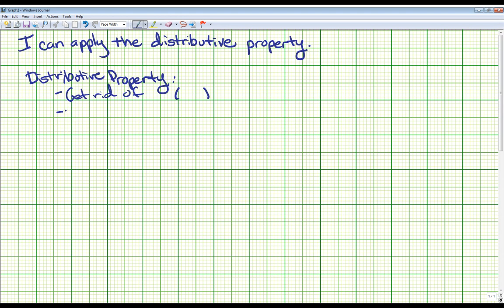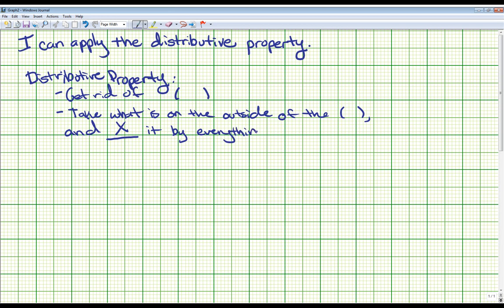It may not make sense when we write it, but when we start looking at some examples, we'll show you how it makes sense. So we're going to say take what is on the outside of the parentheses and multiply, I'm going to underline that, multiply it by everything on the inside.